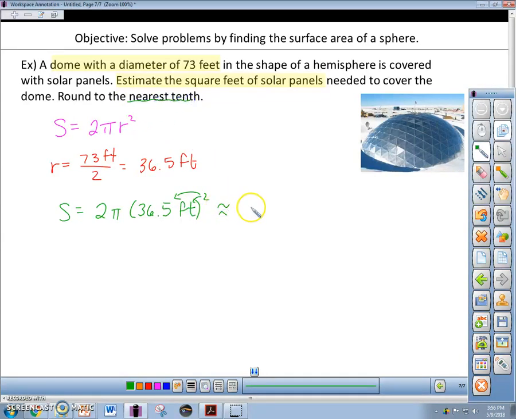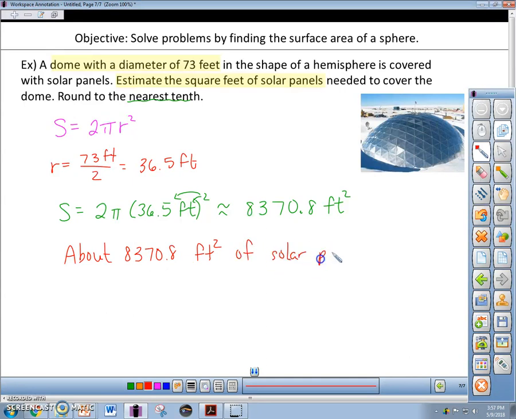So our calculators should be giving us 8,370.8 square feet for what's covered with our solar panels. So our conclusion would be about 8,370.8 square feet of solar panels is needed.